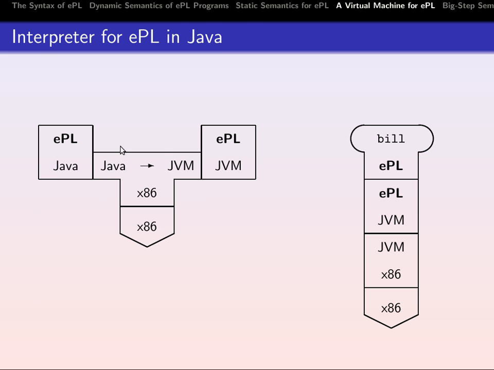So in this entire picture, we started with this box. This was written by us, right? And everything else was given, and this was the product of the whole process, right? This box we can actually plug in here, right? So we have a file written in EPL, in the language EPL, right? This is our box, takes EPL and interprets it on top of the JVM. But the JVM bytecode is not directly executed, right?